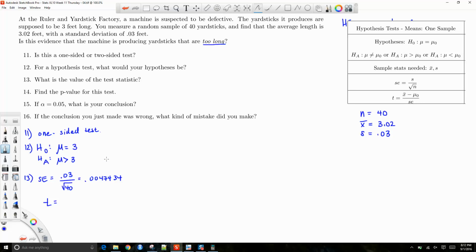Okay, so our test statistic t is x bar, 3.02, minus mu 0, 3, divided by our standard error.